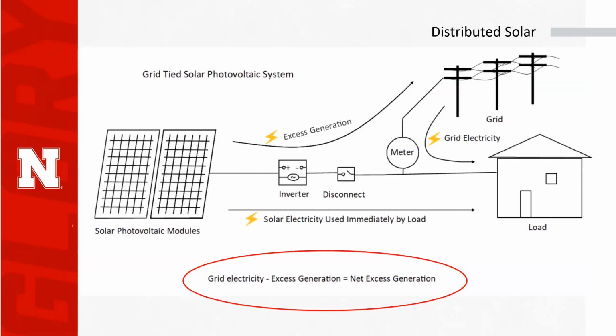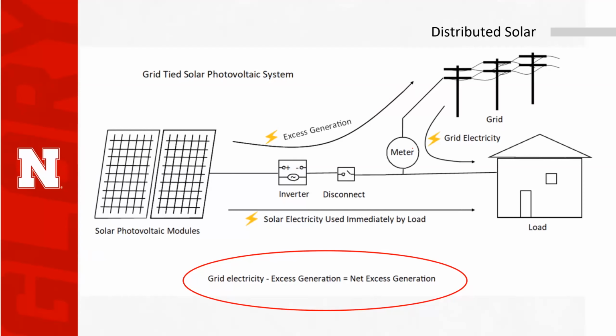All right, let's get some definitions really quick here. This is a really basic drawing of a grid connected solar electric system, where I have a solar array here to the left of any size, essentially. I have an inverter to turn that solar DC electricity into phase AC, and we're going to talk about inverters more later as we look at some of our design criteria.